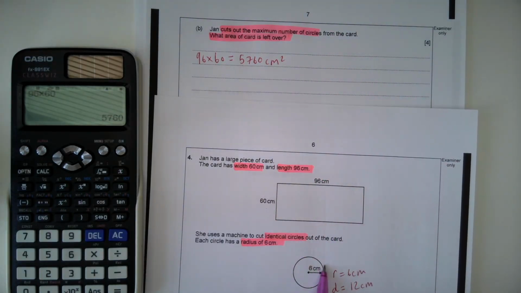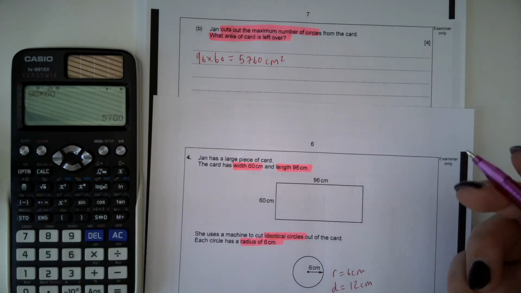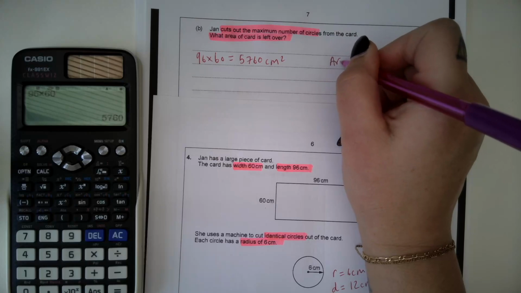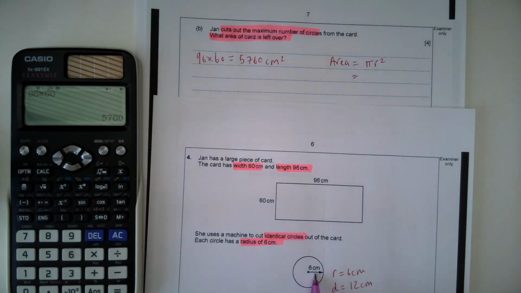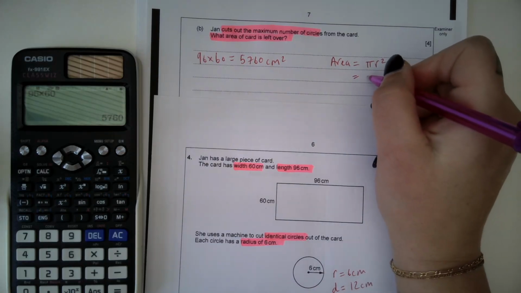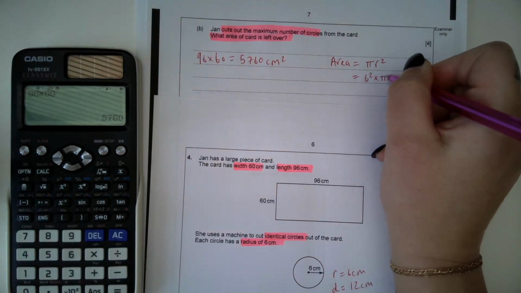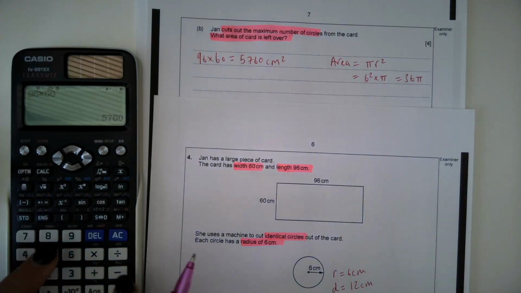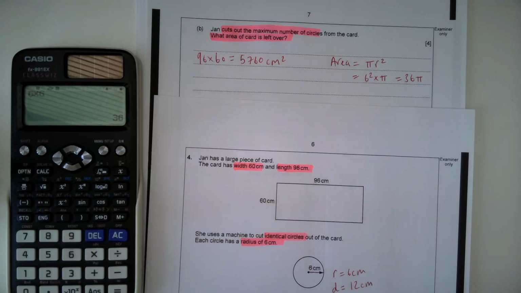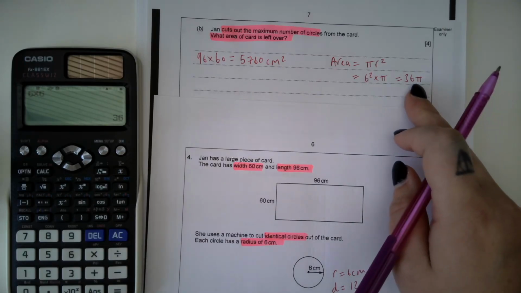Now we know the dimension of the circles. So each identical circle, the area would be pi times radius squared. The radius is 6 centimetres, so the area would be 6 squared times by pi, which I'm just going to write as 36 pi now. If you don't know what 6 squared is, remember just do it in your calculator, guys, okay? So 36 pi.